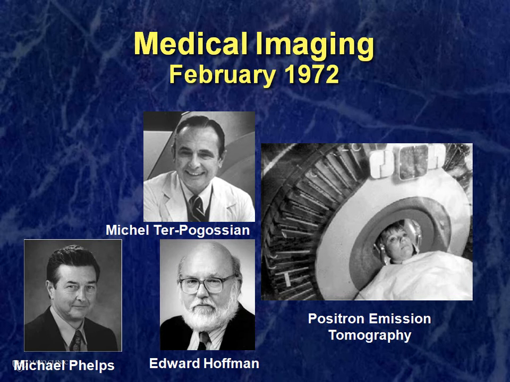In the next year, three gentlemen here in the United States, Michel Ter-Pogossian, Michael Phelps, and Edward Hoffman, were interested in, again, creating two-dimensional and eventually three-dimensional pictures of functional images or molecular images with a PET scanner. So it's interesting how parallel these worlds sometimes can be.